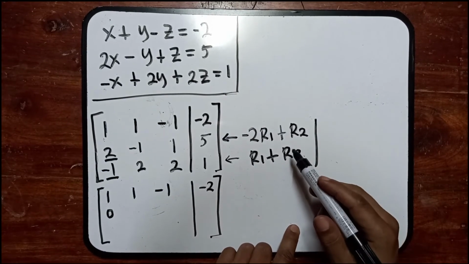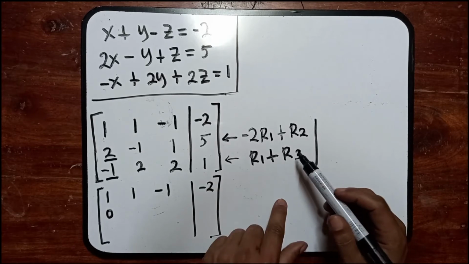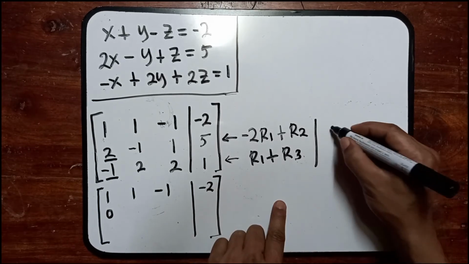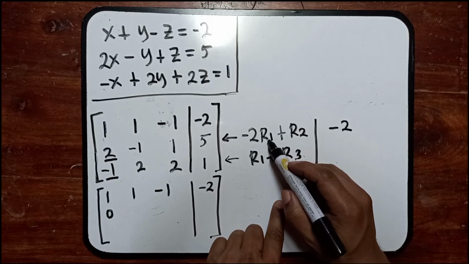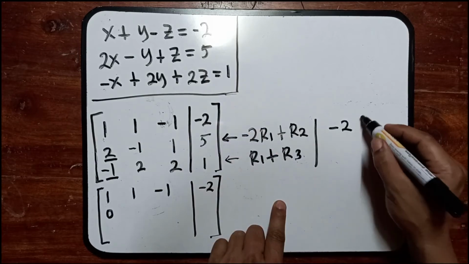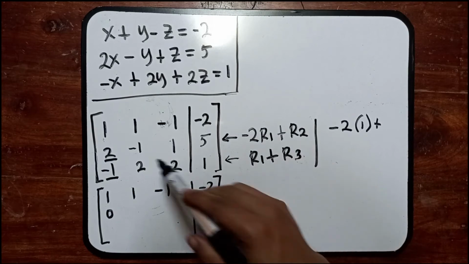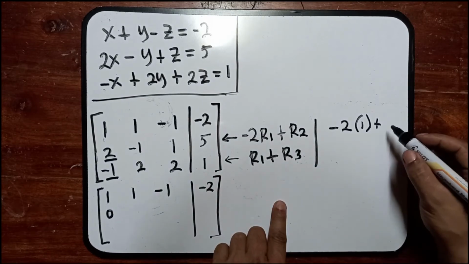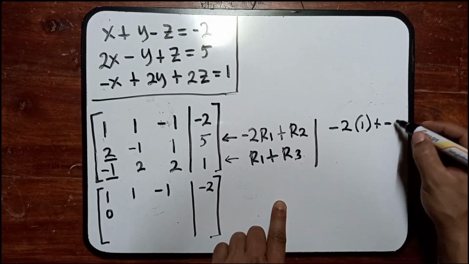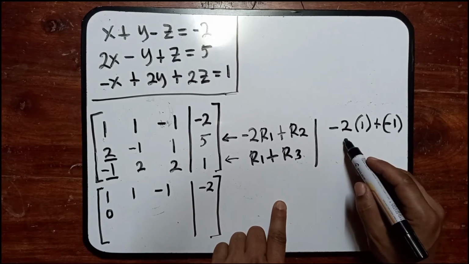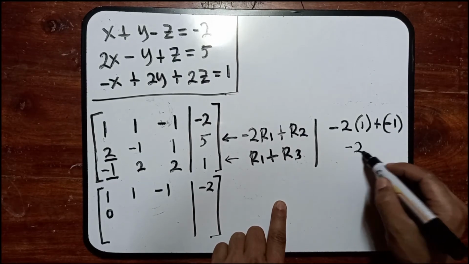Okay, let's keep on doing that. Let's continue. So this time negative 2 times R1. R1 is positive 1 plus R2. R2 is negative 1. So let's write here negative 1. So negative times positive, this becomes negative.